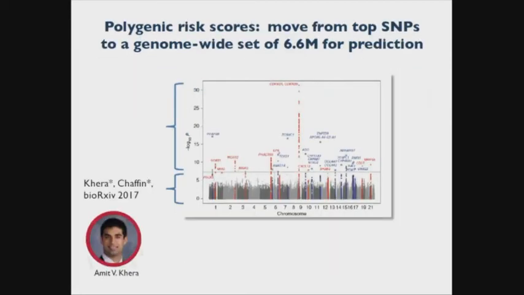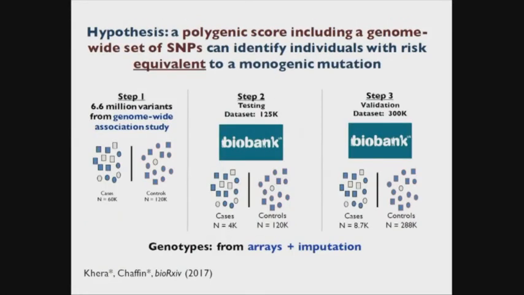But we wondered whether, if you actually incorporated information from the rest of the genome, you could add predictive power. So we moved from just the top SNPs in terms of polygenic risk prediction to, for coronary disease, actually including 6.6 million variants in a linear combination, weighted scores. And this is work that's up on bioRxiv as of late last year, led by Amit Khera in the lab.